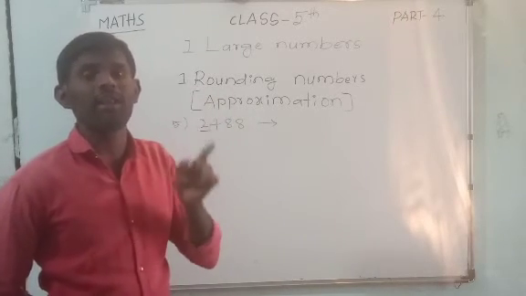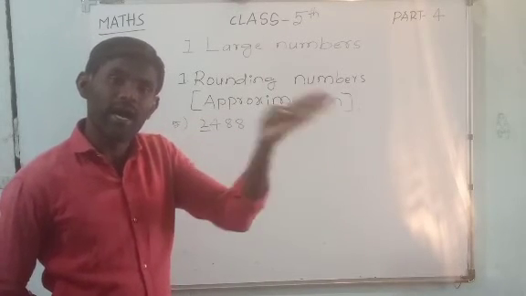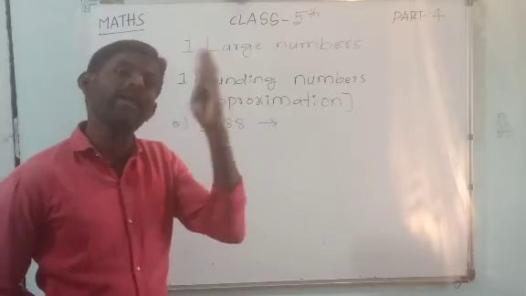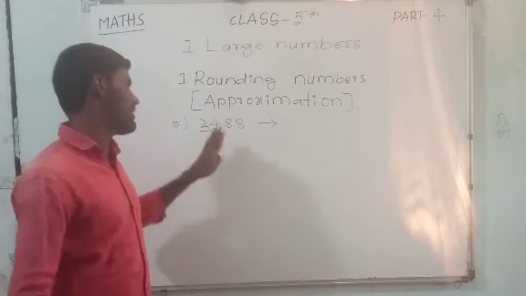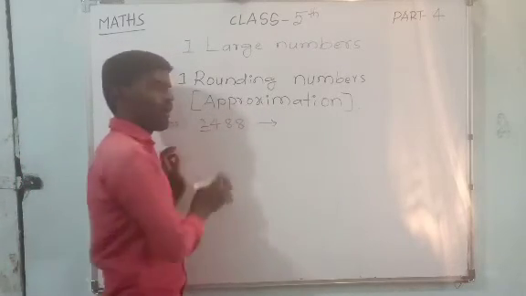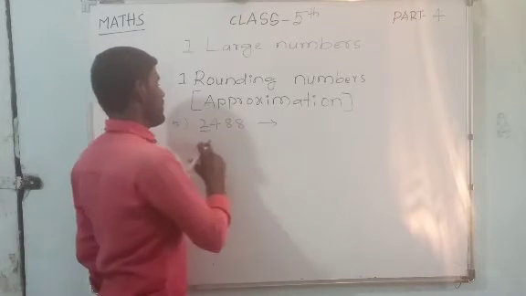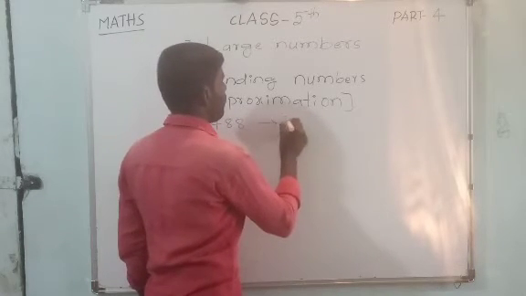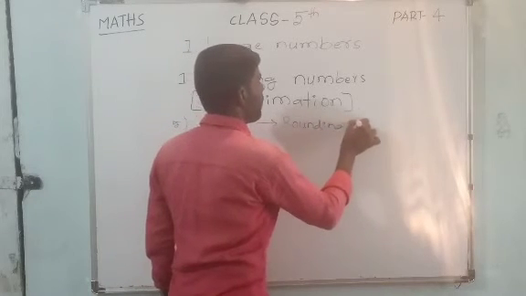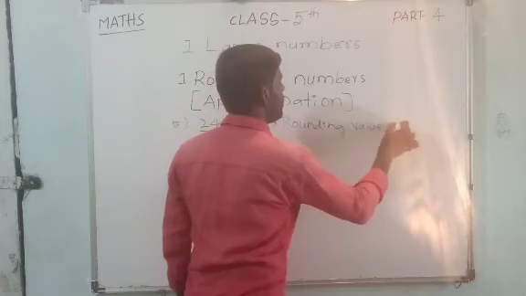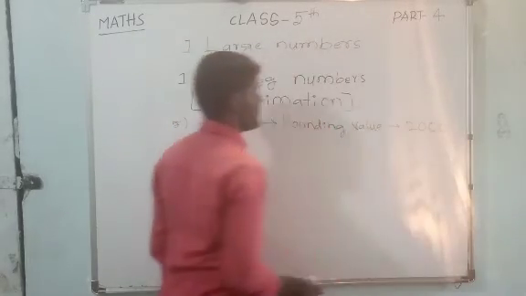If the given number in the 100 place is more than 5 or equal to 5, then you can increase one value to the 1000. Otherwise, keep the 1000 place value as it is. Here 4 is less than 5. Now that's fine, keep it as 2000 itself. Rounding value is 2000.